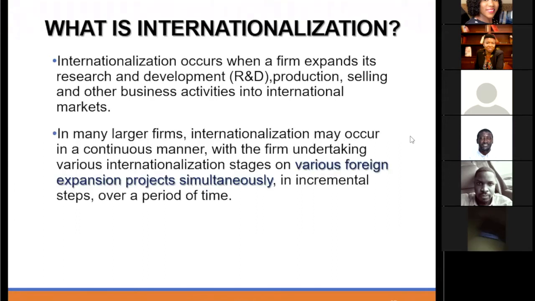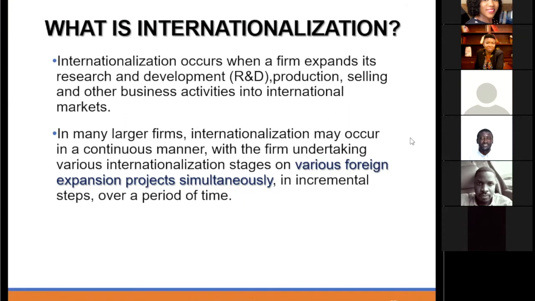So in many large firms, internationalization may occur in a continuous manner, such that they can undertake various stages of internationalization in different countries simultaneously at the same time. Or they could decide to do it a bit at a time in incremental steps over a period of time.